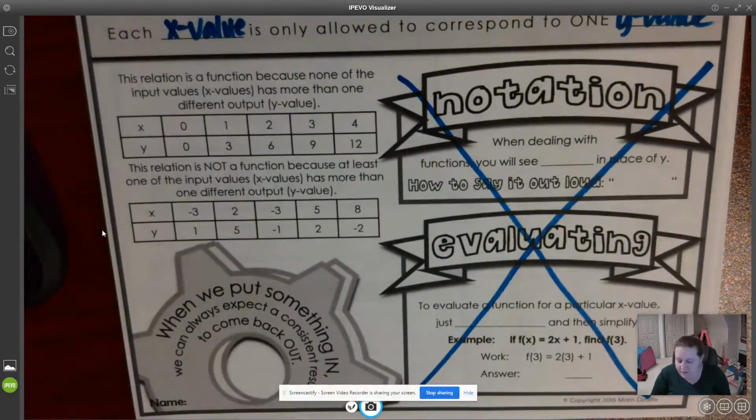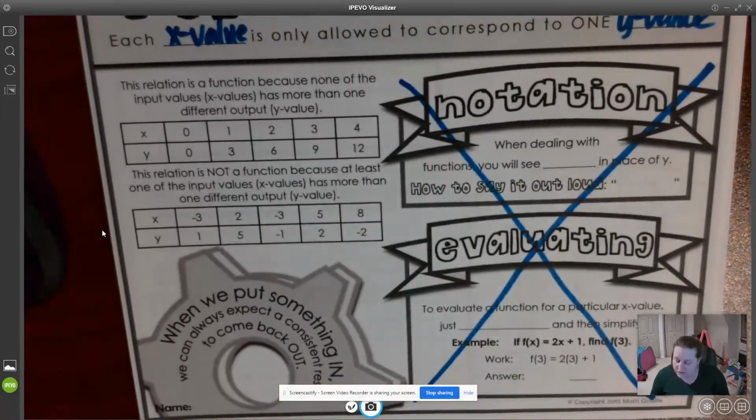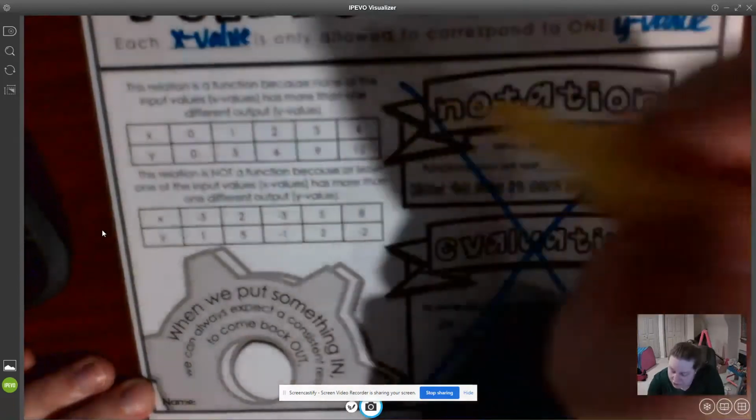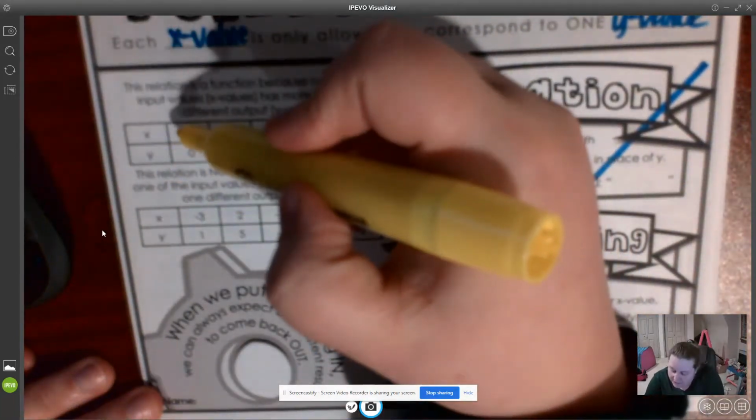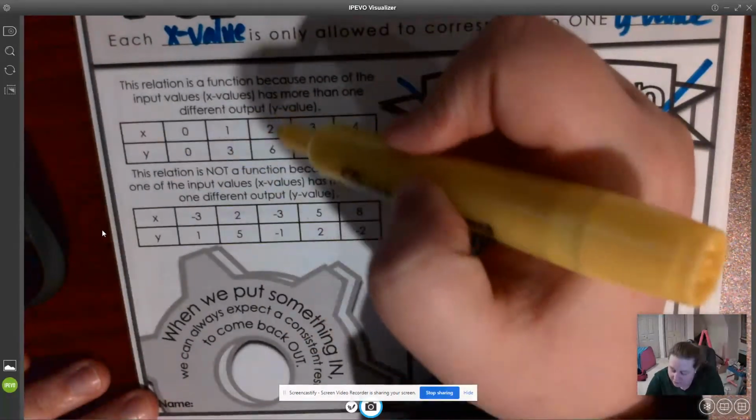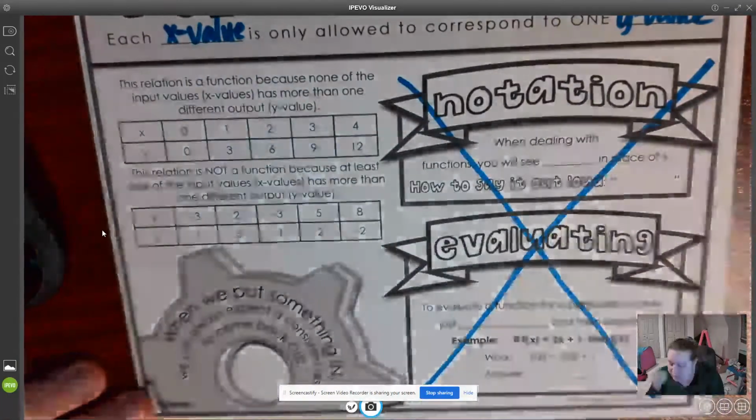I am going to be using two different highlighters to talk about these two tables. In this first table, we're going to determine if it's a function or not. Each x value should only be used one time. So 0 to 0, 1 to 3, 2 to 6, 3 to 9, 4 to 12.